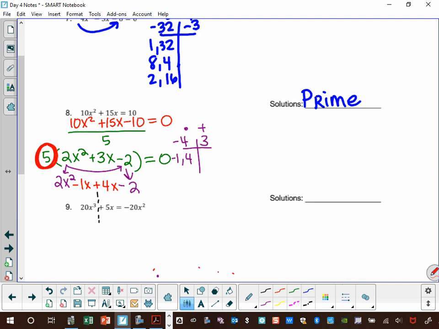All right. What is the GCF on my left side? Well, what's the GCF between 2 and negative 1? It's negative 1, right? What about your x's? We have x squared and we have x. My GCF is just going to be x.